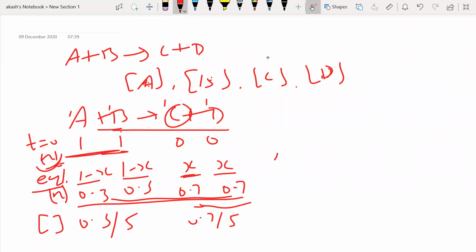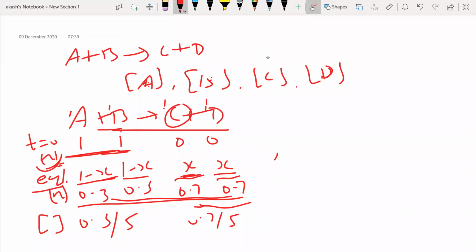Now we'll assume that at equilibrium, some x moles have reacted. If x moles of A react, I obviously know that x moles of B also will react because stoichiometry says 1:1. Same way here, the ratio is 1:1, so if x moles of A are reacting, x moles of C and x moles of D are formed. Stoichiometry, that's it.